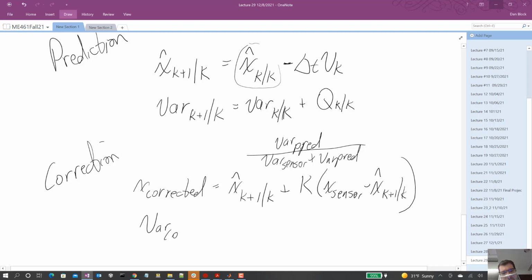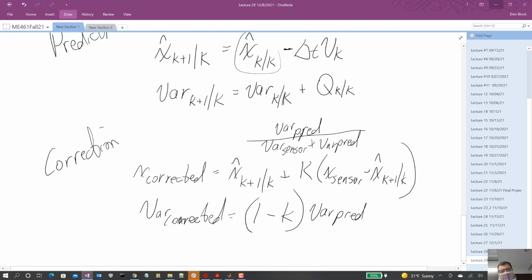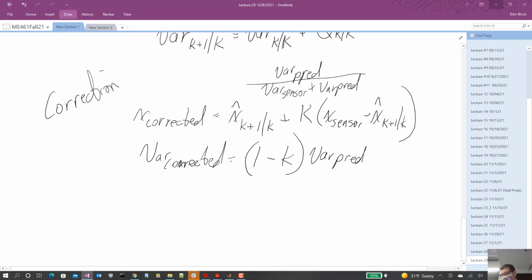corrected is equal to 1 minus K times the variance predicted. Okay, now how do we write that in Kalman terms? So this is the way we've been talking about it. What we do there is now we divide this up. We make a term called S. S, this value, is equal to variance K plus 1 given K information.